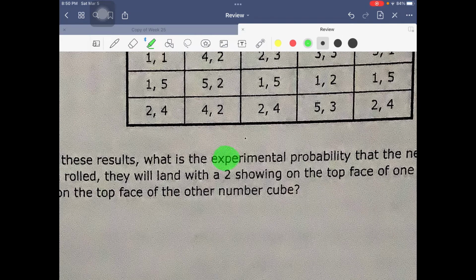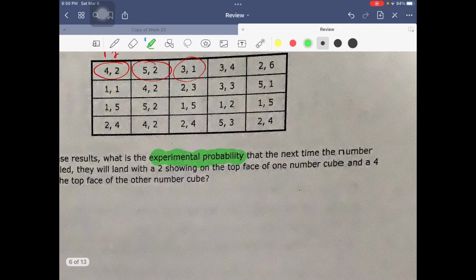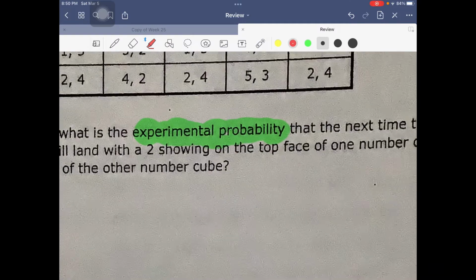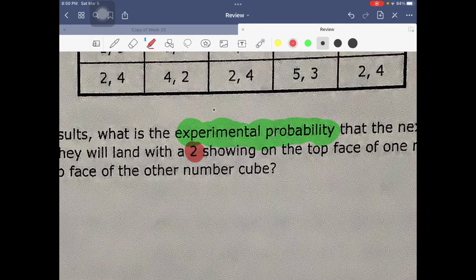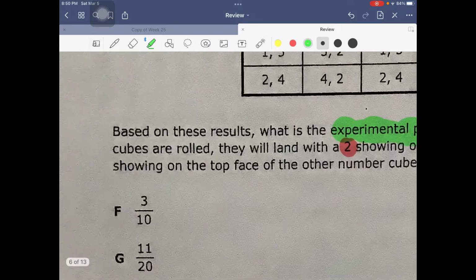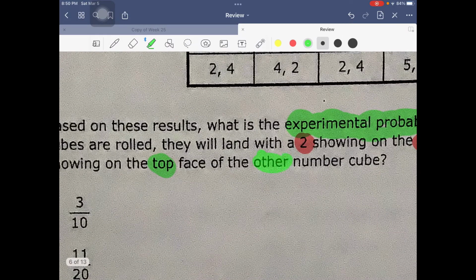It's been a while since we've done this. Experimental probability that the next time the number cubes are rolled, they will land with a 2 showing on the top face of one number cube, and a 4 showing on the top of the other number cube.